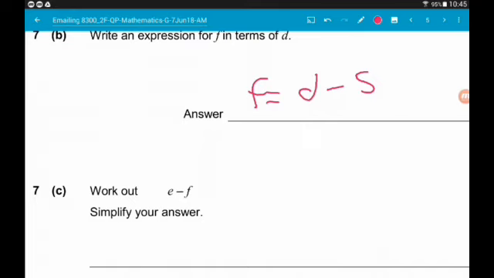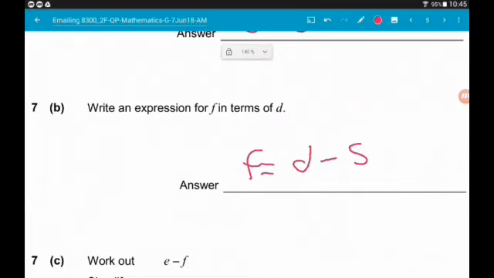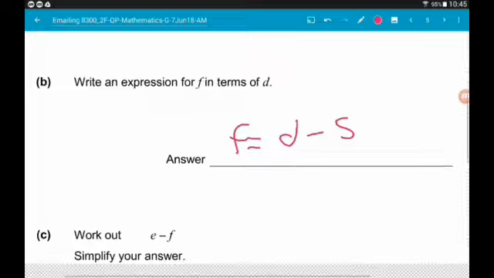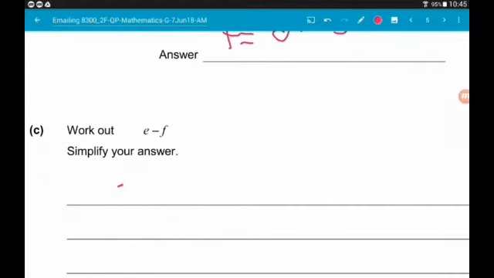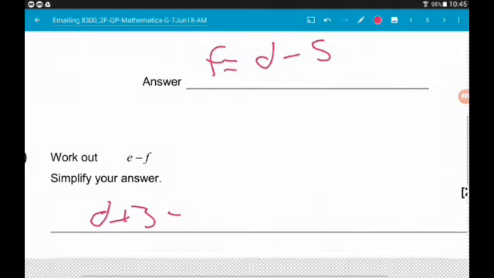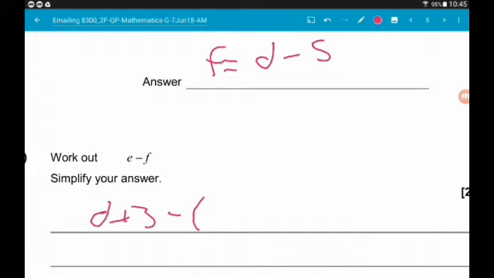Then part C wants us to work out E minus F, simplifying our answer. So, E minus F is D plus 3 minus D minus 5. Now we need to be really careful here with our minus signs. So I put the expression for F in brackets here because both parts get affected by the negative sign.